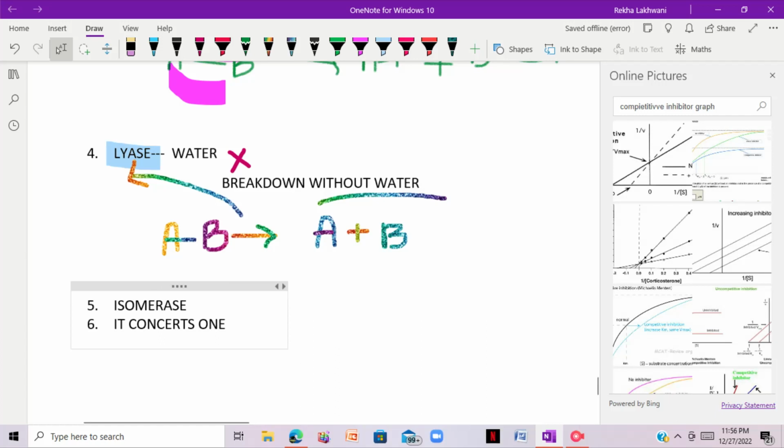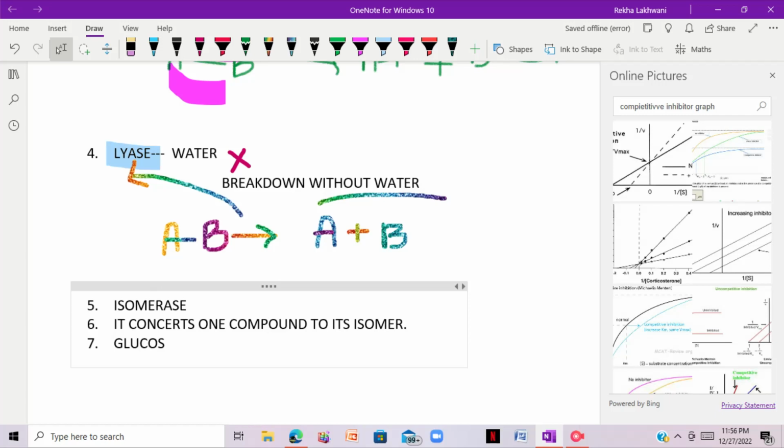Now the last enzyme which we are having is ligase. Now what is the function of this? Actually, the function of this ligase is in polymerization of RNA and DNA basically.